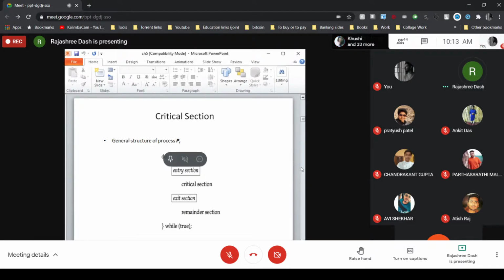Clear? So after this, mainly we are going to structure programs in these four parts: entry section, critical section, exit section, remainder section.